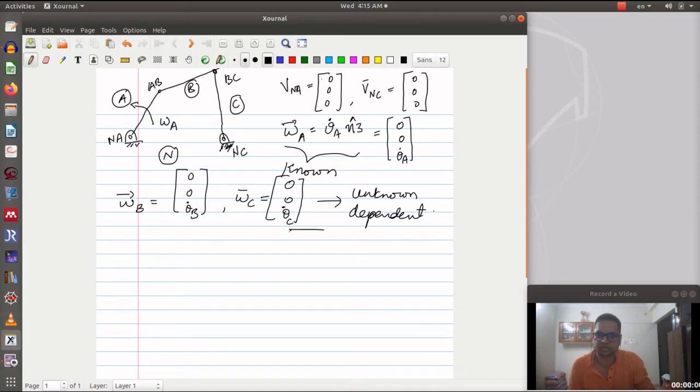So we will have to determine these to be able to determine the velocity of point BC.